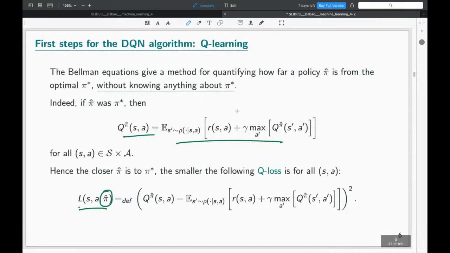Okay, so this means that to find a policy that is close to optimal, it suffices to find these values so that these L's are very small. But note that here the policy has disappeared.